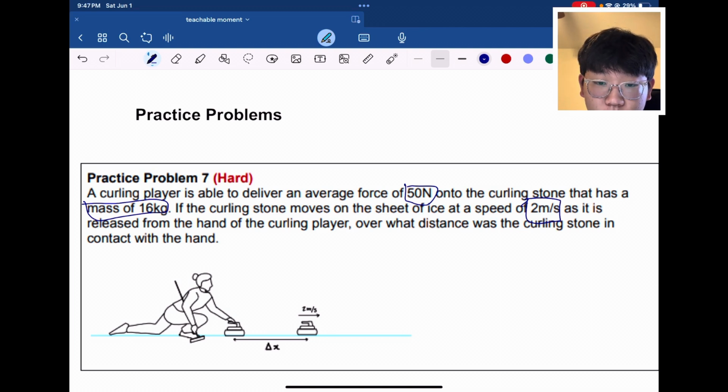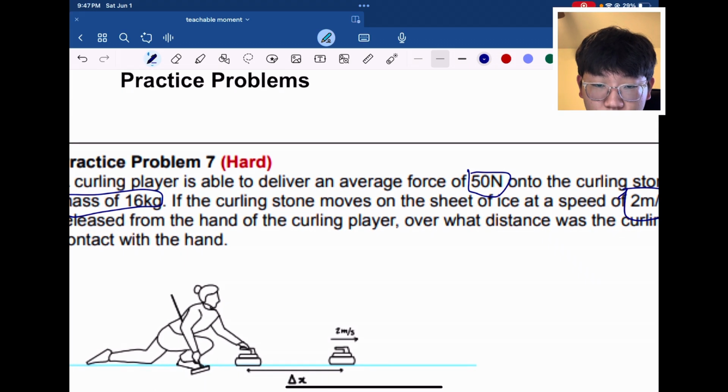We can use two equations out of the three equations we talked about, which are work is change in energy and work is force times distance.